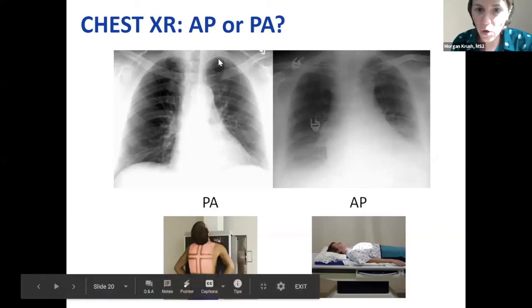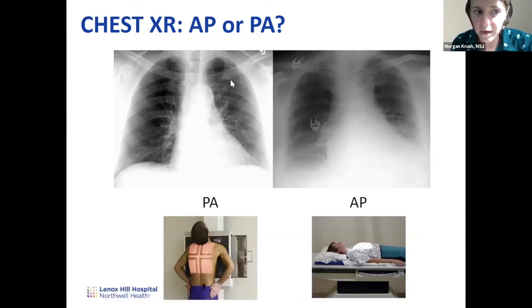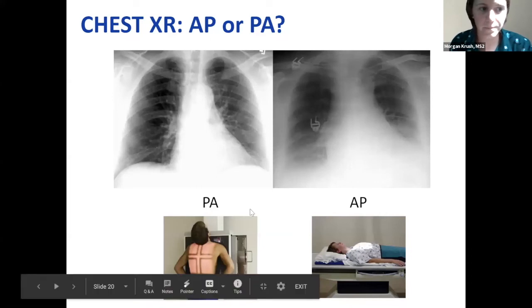You can see it really opens up the lungs, and the clavicles are pulled up and out. For the lungs, PA is really the ideal way to look, because in the AP image, the heart looks a little widened and enlarged, and you just don't get a great view. The only time they really use an AP view is if the patient can't stand up, so you will have them laying down for this.